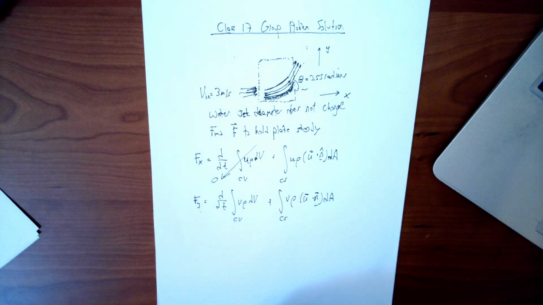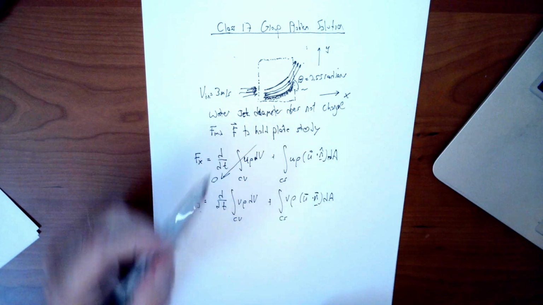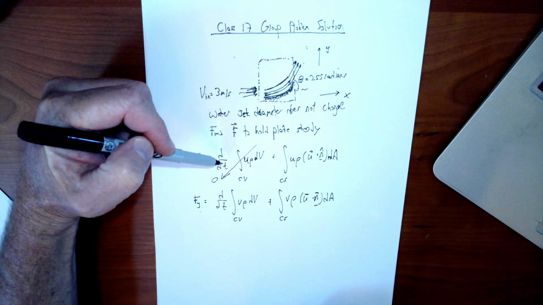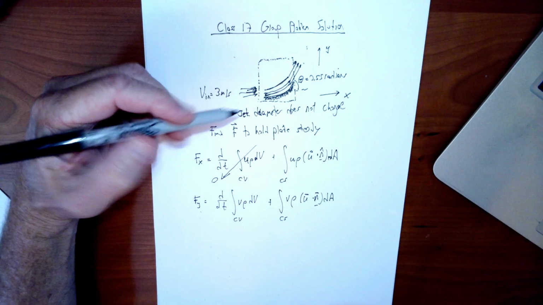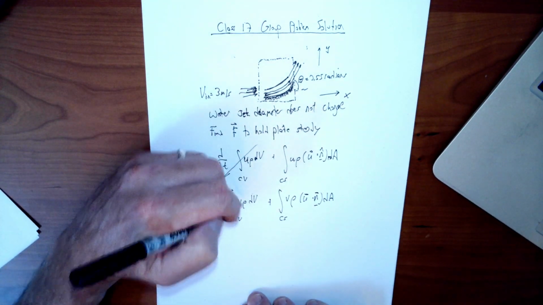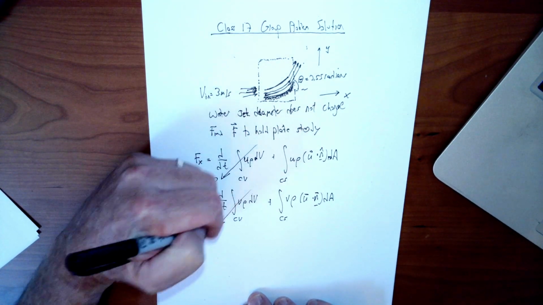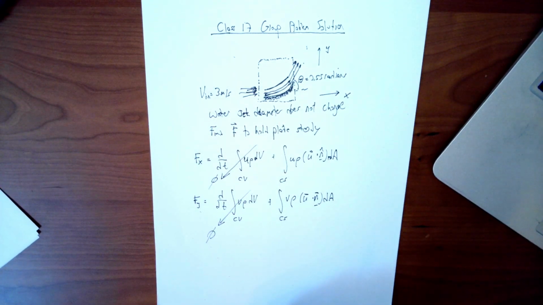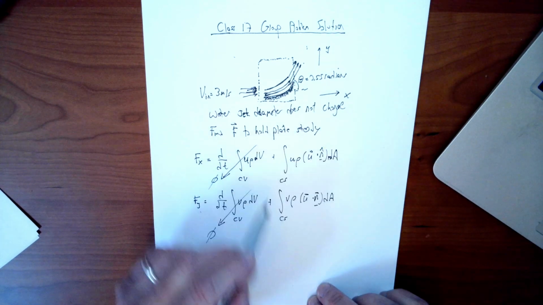If you integrate that over this whole box, it doesn't change in time. It's a steady state problem, and it's not moving. So these two terms both go to 0, because the control volume is not moving and the problem is steady state. So that's that. We're only worried about these guys.